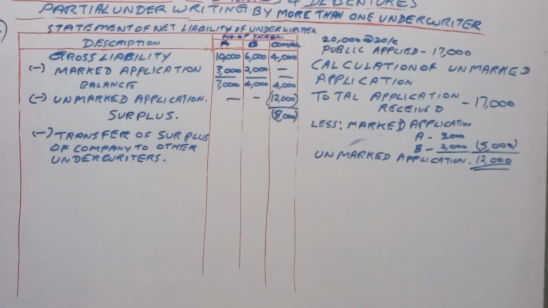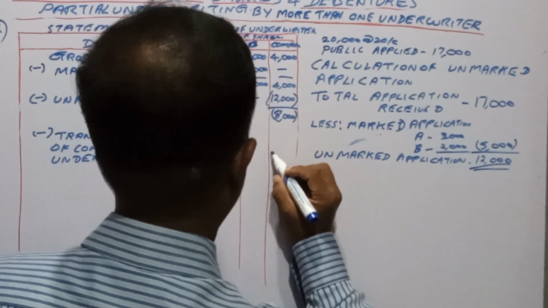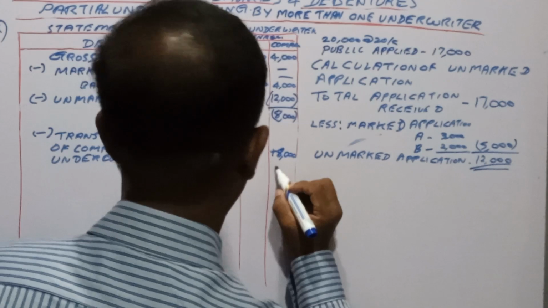The 8,000 we have to transfer, based on what?